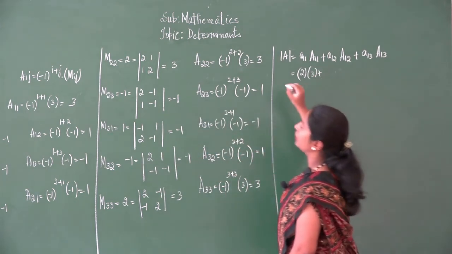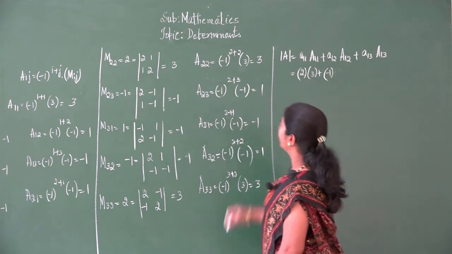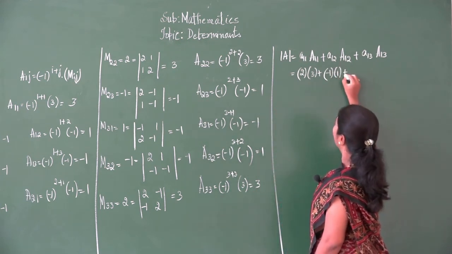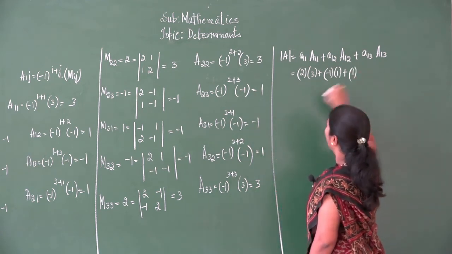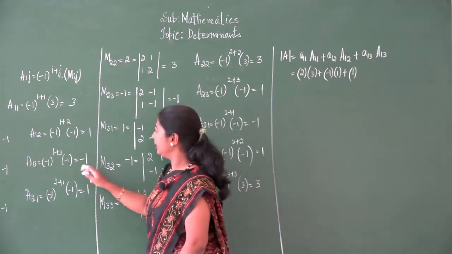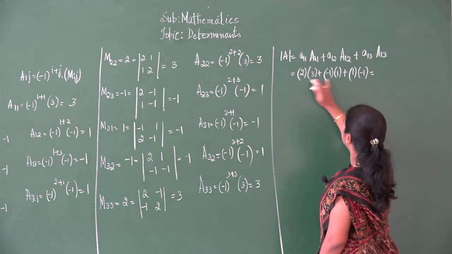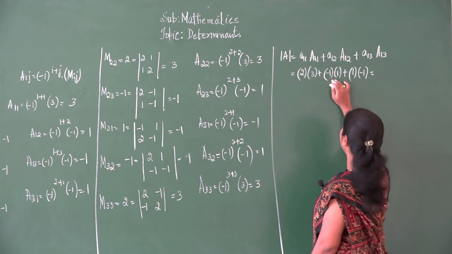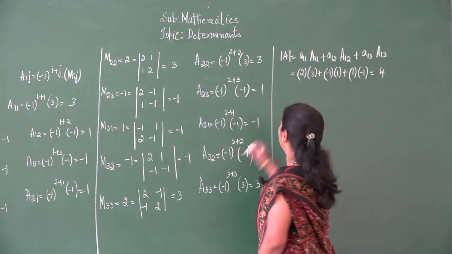What is A12? Minus 1. The cofactor of A12 will be plus 1. What is A13? That is the third element, 1. What is the cofactor of A13? Minus 1. This will sum up to 6 minus 1, 5. 5 minus 1 will be 4.